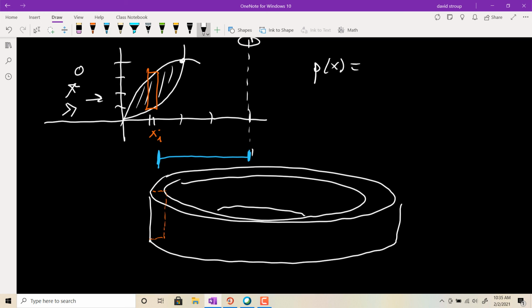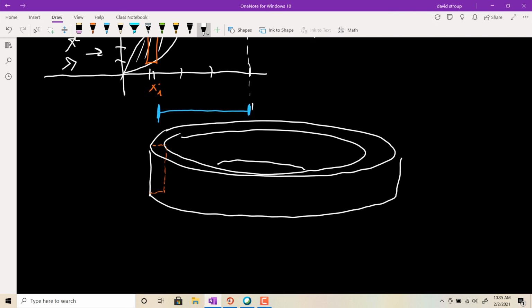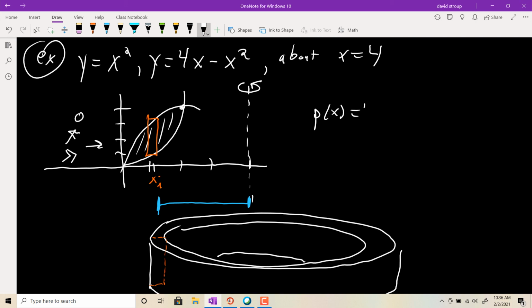So what is that distance? It turns out to be the difference between two distances, right? It's this distance, which is constant, minus this distance, which is just the distance to the rectangle. So it's this long distance, which is 4, minus the actual distance to the rectangle, which is, in this case, x sub i, or just x.